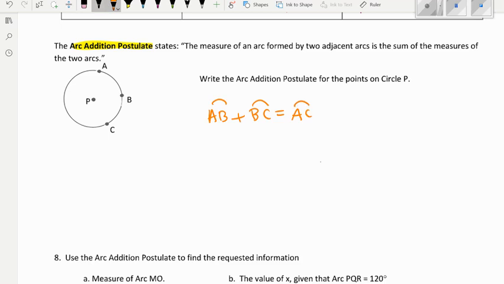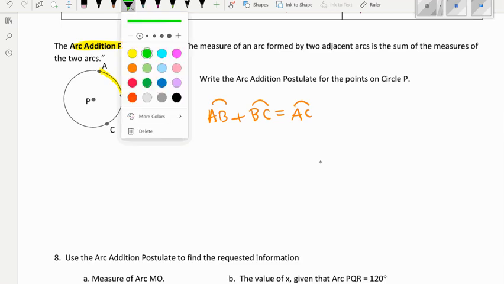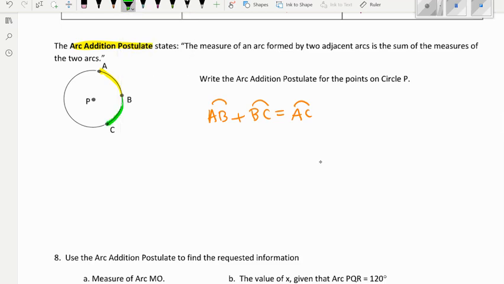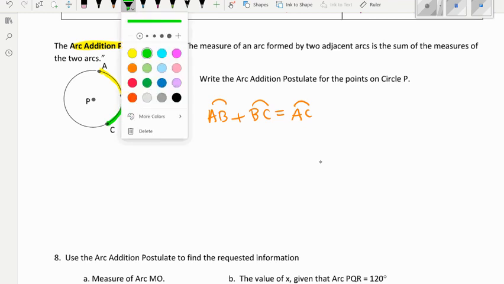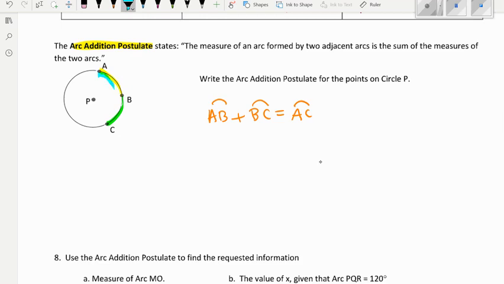So this arc plus this arc, by our arc addition postulate, is equal to the total from here to here.